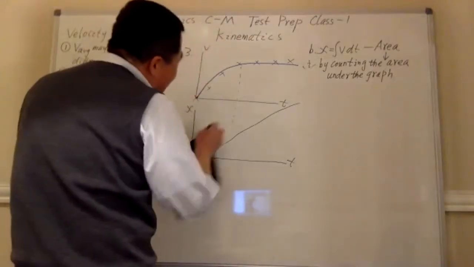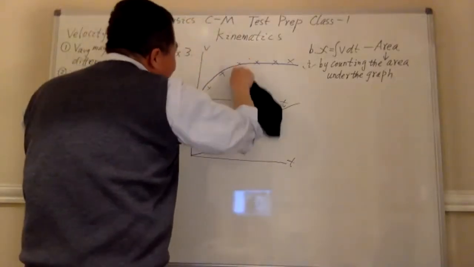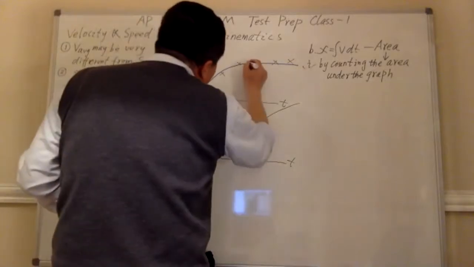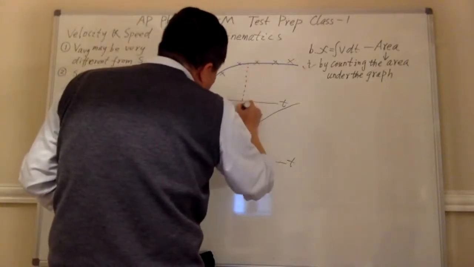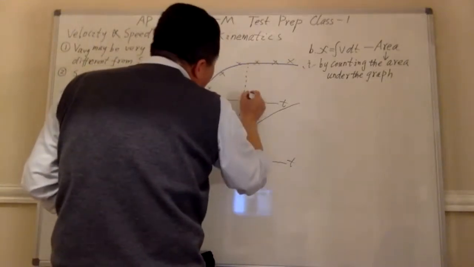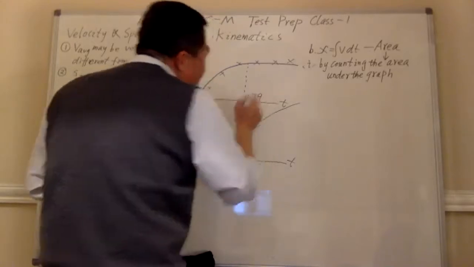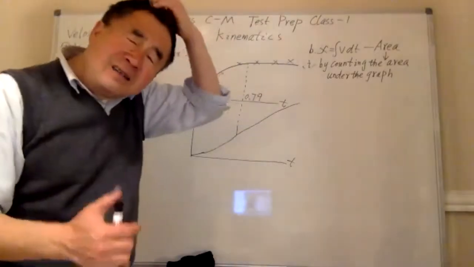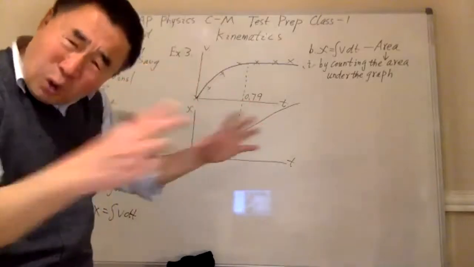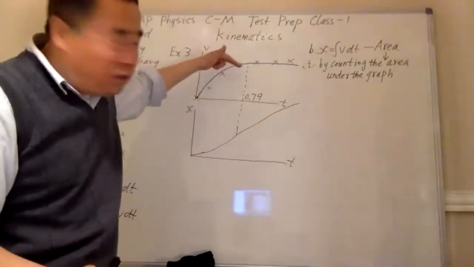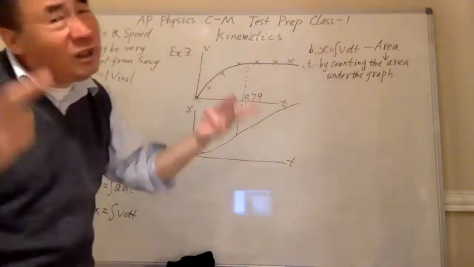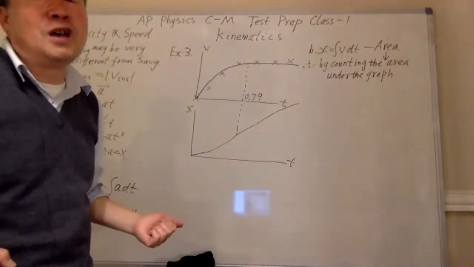We said after 0.79, they lose the contact. That means constant speed, because energy is conserved.